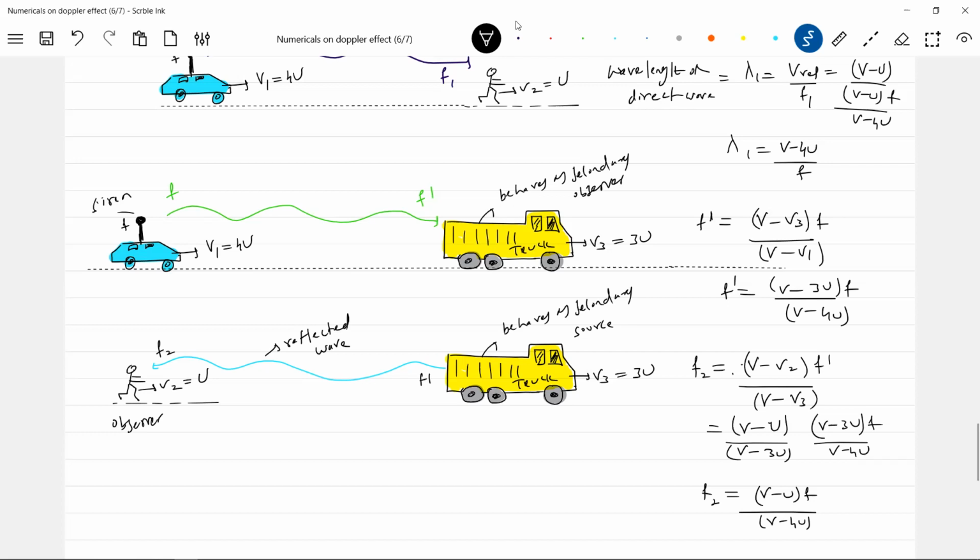Wait. Source moving away, no? Should be positive. Just check, let me check the calculation all. This is the source, no? Source moving away should be positive. So therefore this will be positive. Yeah, okay, it should be like this. Check the calculation once, positive, negative signs. V plus V2.